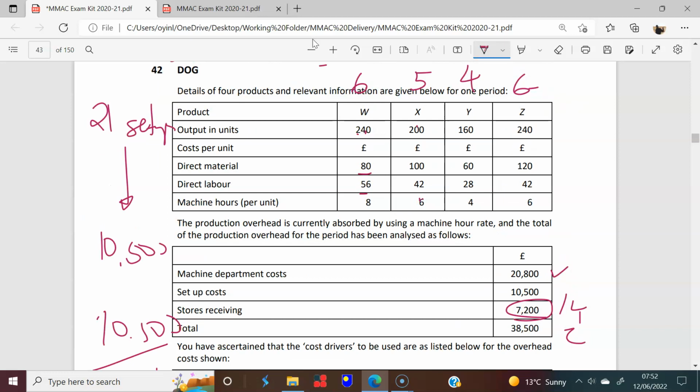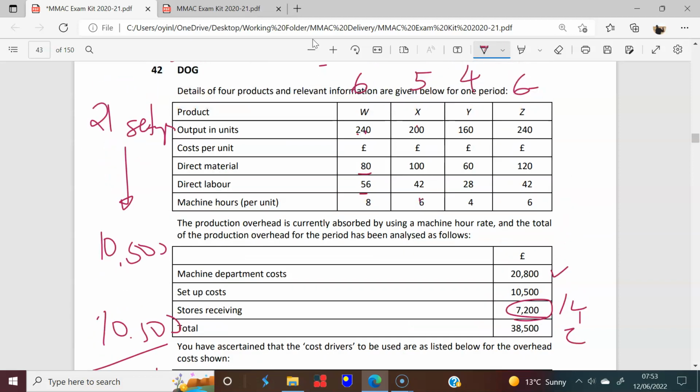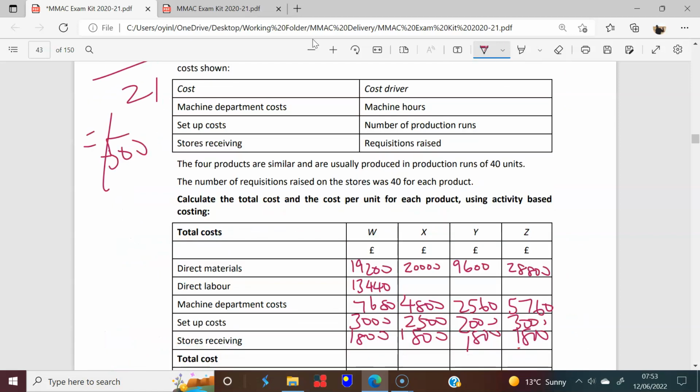Then let's look at the direct labor. We see again 56 times 240. So we're just repeating ourselves again. 56 times 240 is 13,440. And then we have 42 times 200, 8,400.